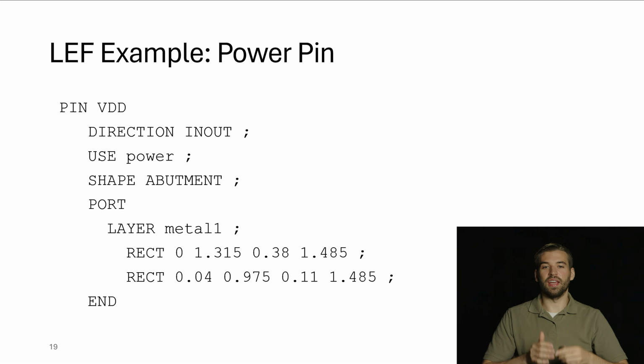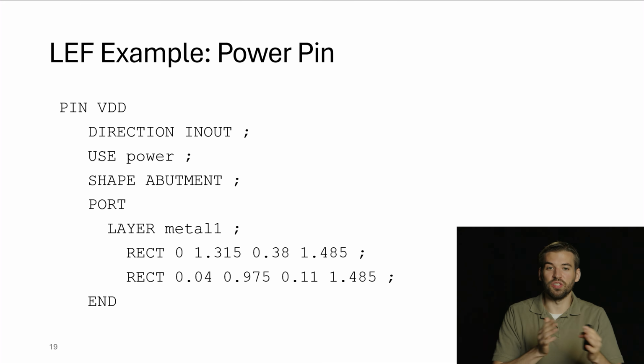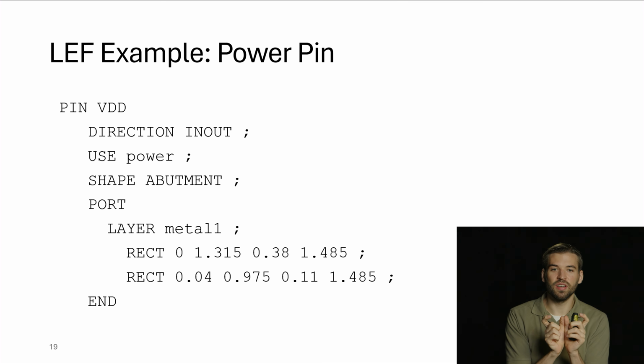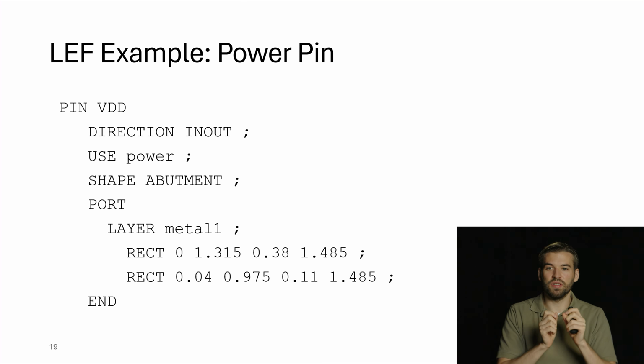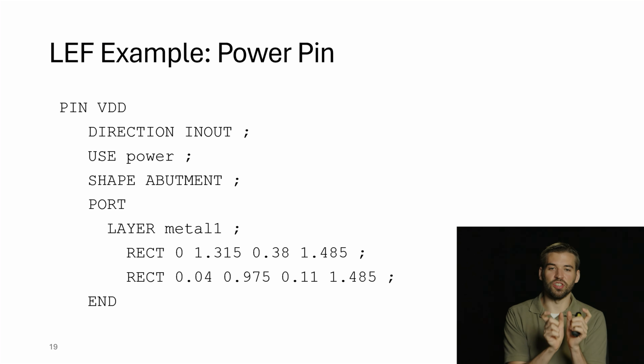There's also a shape abutment property, which sort of has to do with how the instance is connected to other instances around it. Typically, multiple instances are going to be placed right next to each other. And so instead of having to route a specific connection between this pin and another pin, it says that they can simply touch each other by abutment.